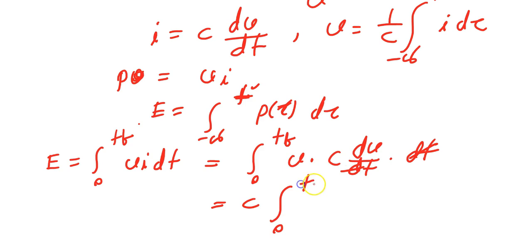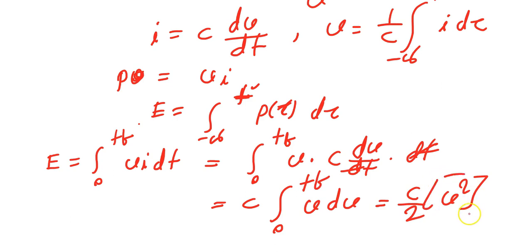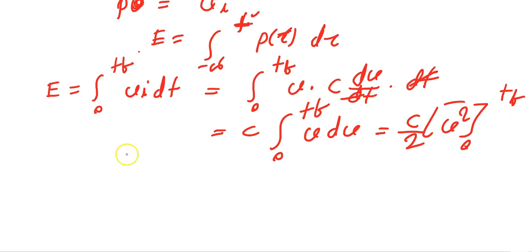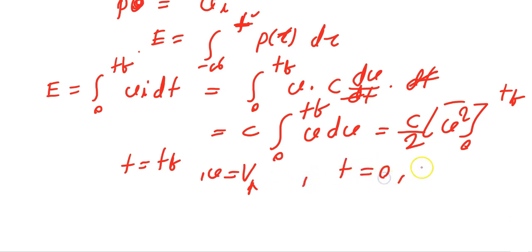So 0 to TF of V dV, which will give you C/2 V square, from 0 to TF. If at time t equal to TF your V is capital V, it has charged up to this particular voltage, and it starts from 0, that is at t equal to 0, V equal to 0, then energy stored in the capacitor will be C/2 V square.